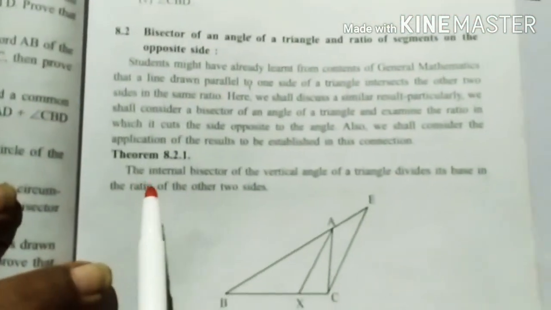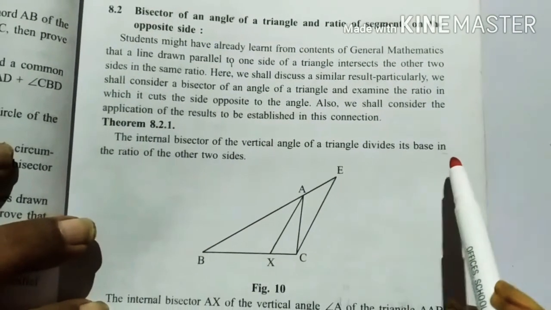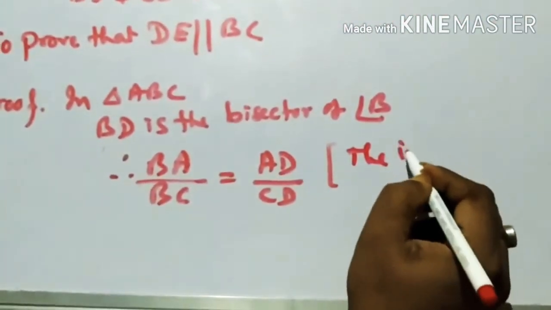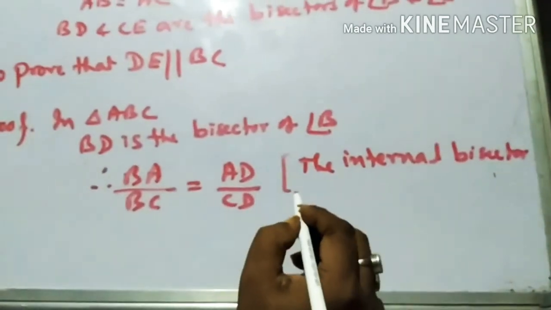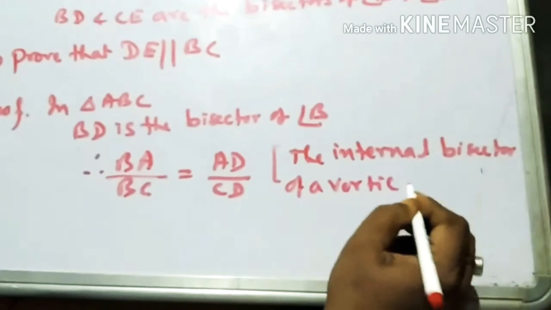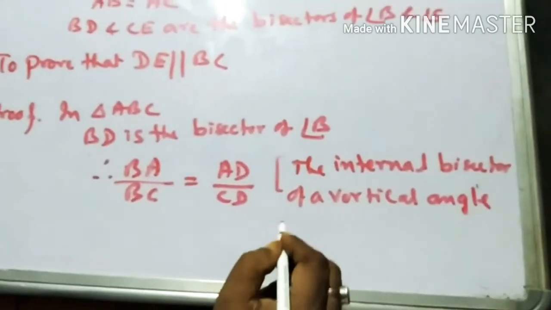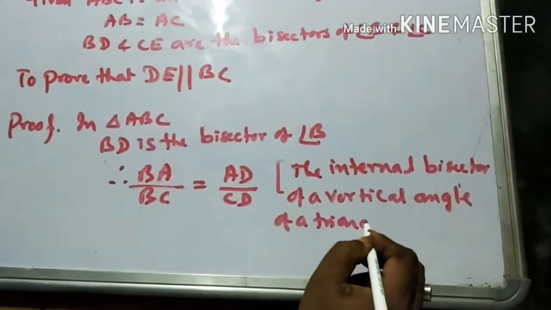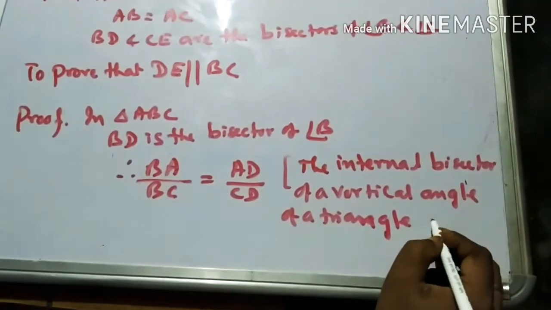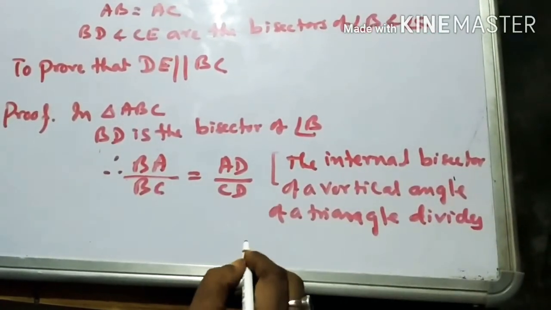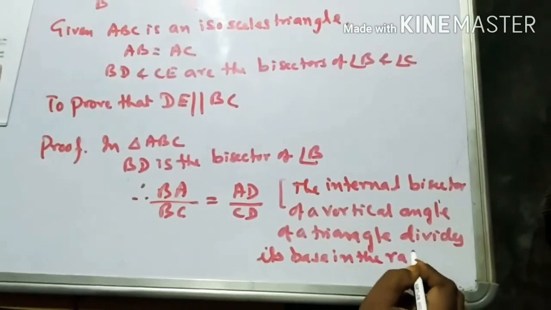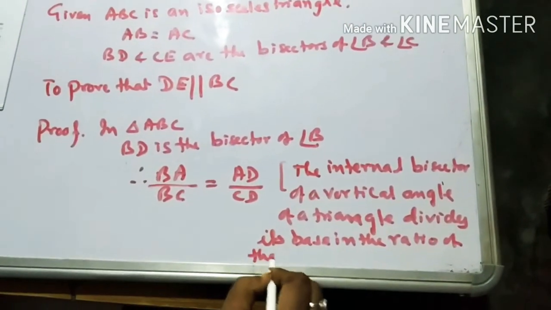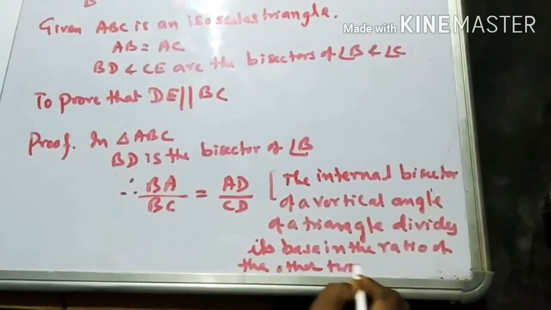See, the internal bisector of the vertical angle of a triangle divides its base in the ratio of the other two sides.